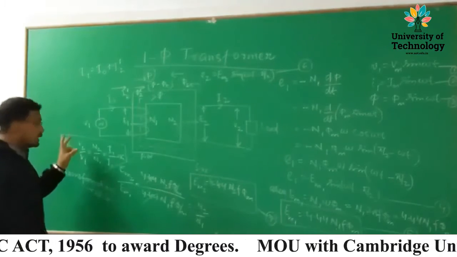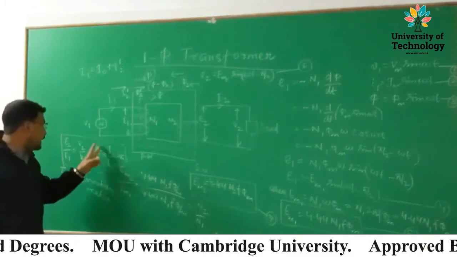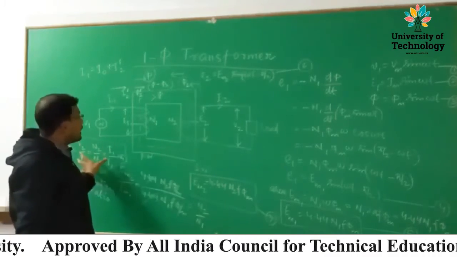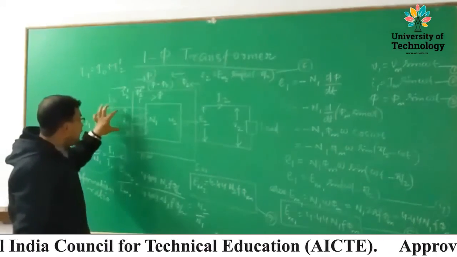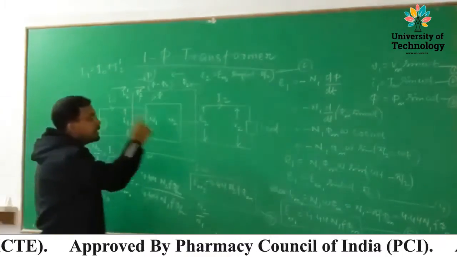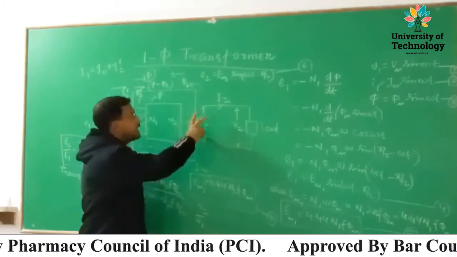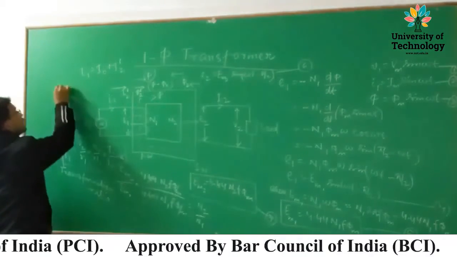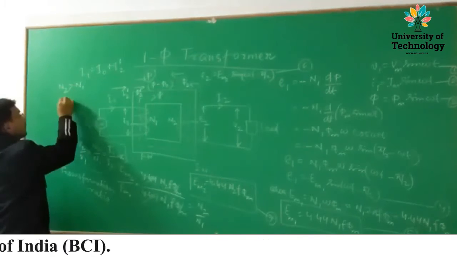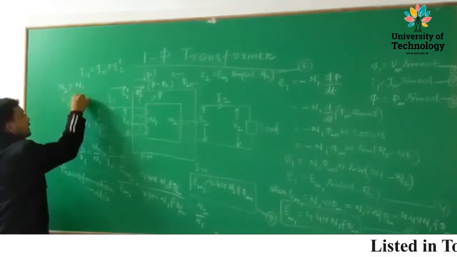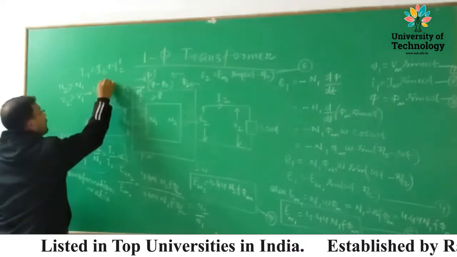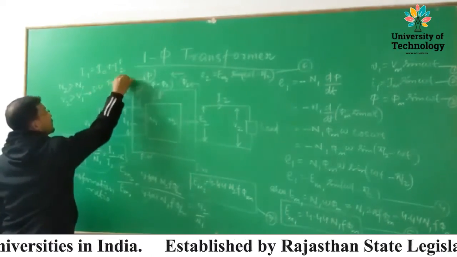that V2 by V1 is equal to N2 by N1 is equal to K. Now from this what we understood is, whenever the number of turns in the primary side is less than that in the secondary side, when N2 is greater than N1, V2 becomes greater than V1, and it is giving a step up transformer.